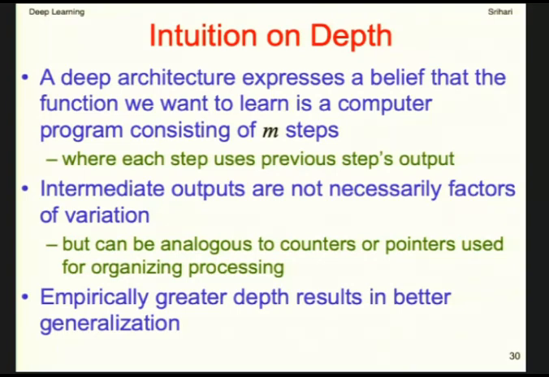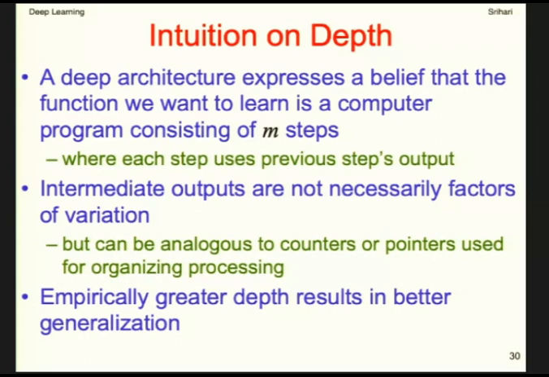A deep architecture expresses a belief that the function we want to learn is a computer program consisting of m steps. That's analogous to this: you have some problem, you're trying to write code for it. Then you ask, how many lines of code do I need? Somebody writes it with 3 lines of code, somebody else writes it with 10 lines of code. Which program is better? One is like a depth of 10, the other a depth of 3.